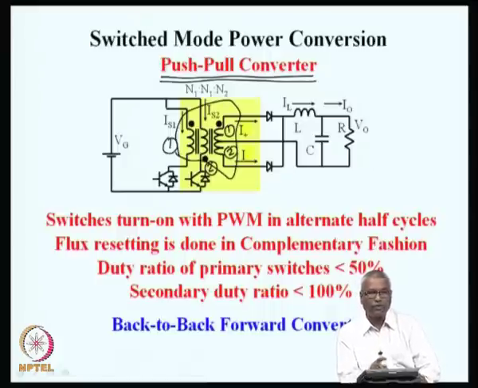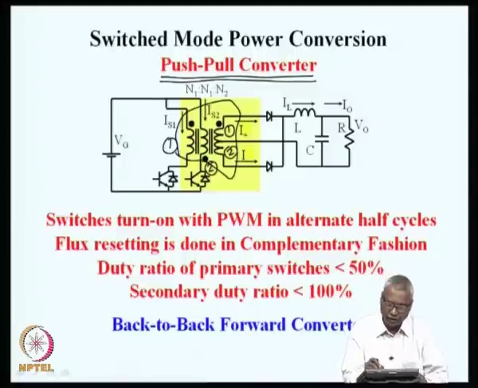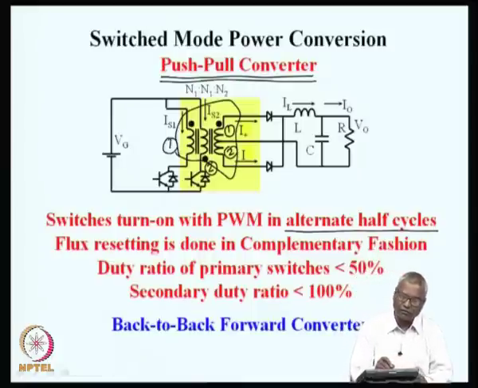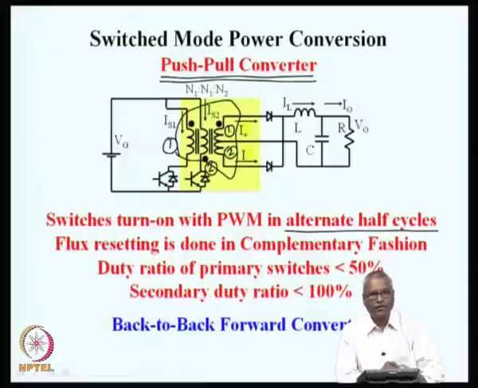Switches turn on now in alternate half cycles. In one half cycle, a forward converter can work only for 50% of the duty ratio. So, in the first 50%, one forward converter is working, and in the second 50%, the second forward converter is working. So, effectively the load will be receiving power in each of these half cycles.